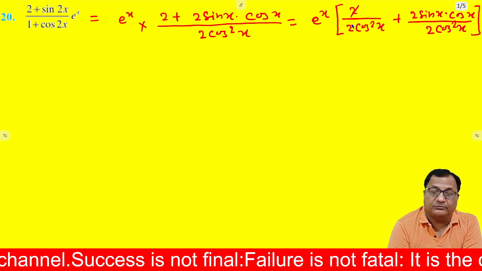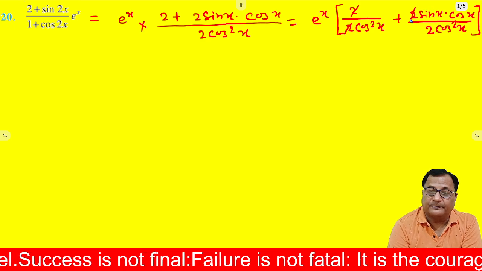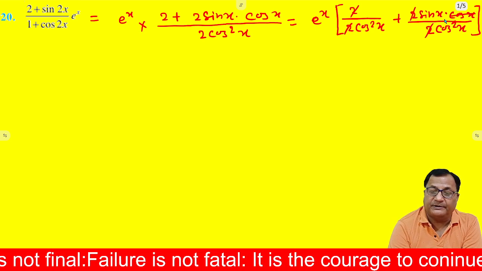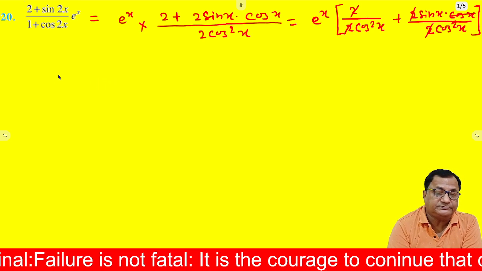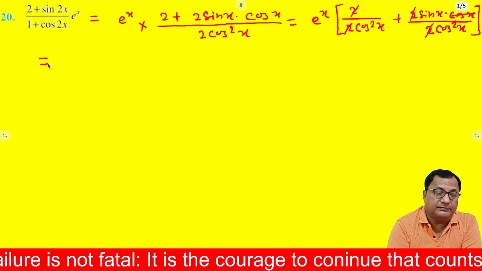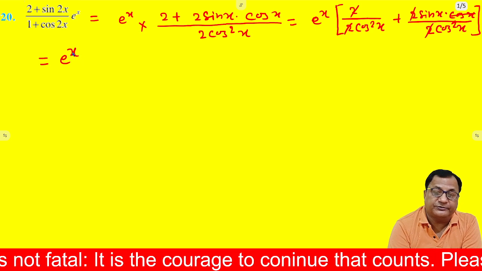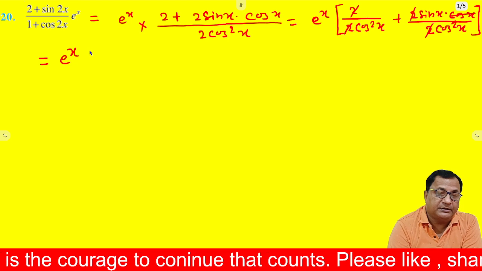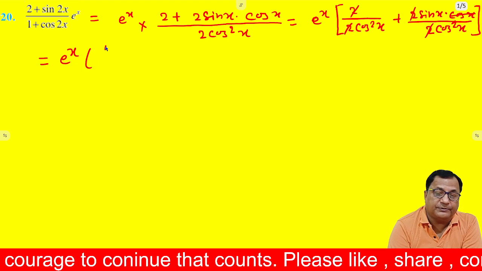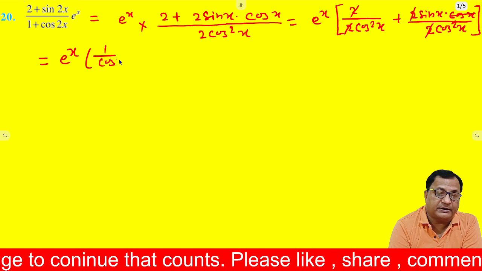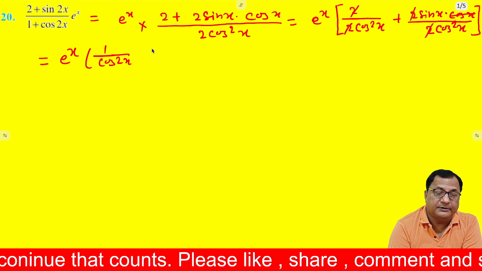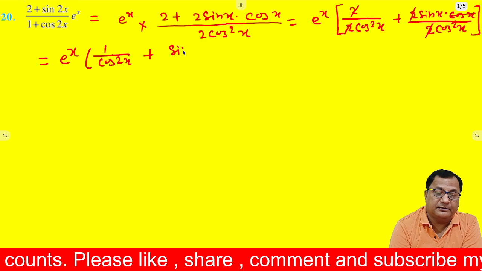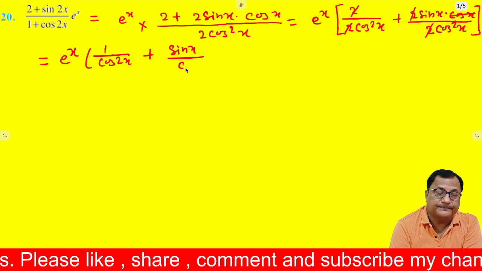So 2 and 2 will cut, and cos and the power will cut. So here will be e^x times 1 by cos square x, plus sin x by cos x.